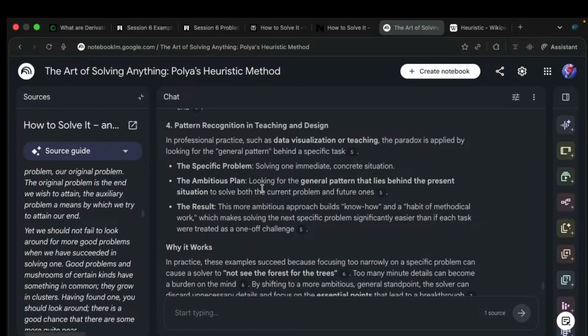So what we have to do is discard the unnecessary details and focus on the important points.